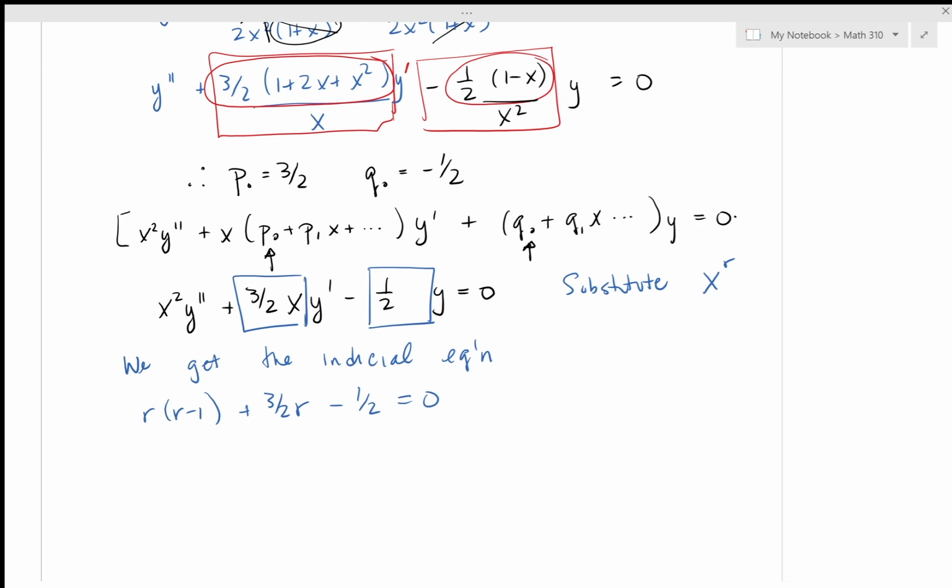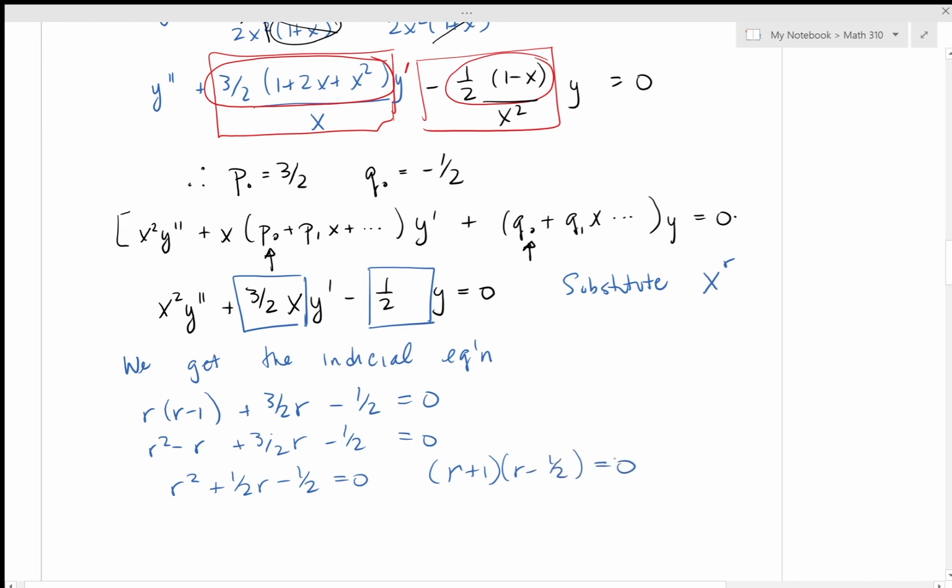Let me expand that and combine terms. This is r squared minus r plus 3/2 r minus 1/2 equals 0, and that is r squared plus 1/2 r minus 1/2 equals 0. We factor this over the rationals and get (r plus 1)(r minus 1/2) equals 0.